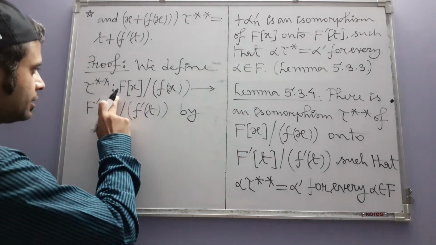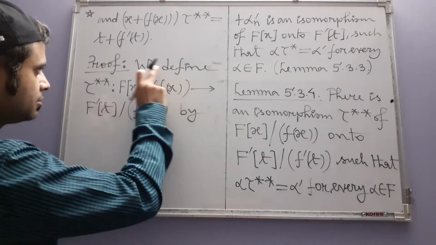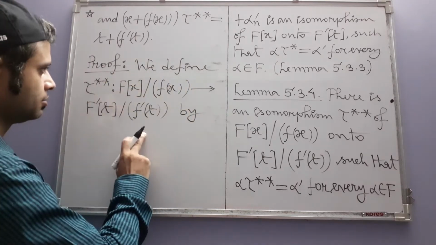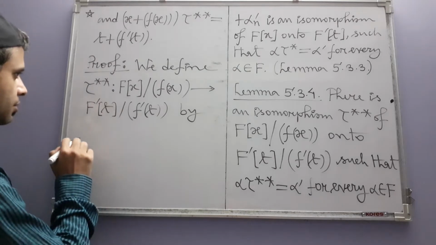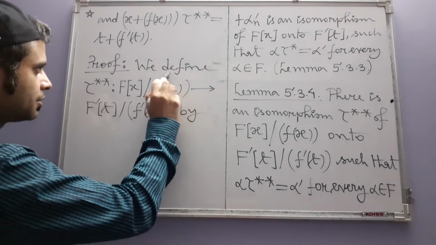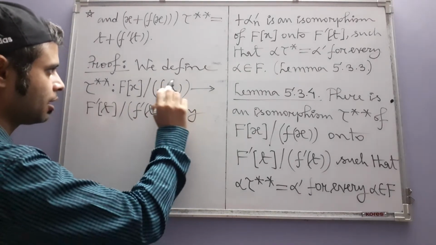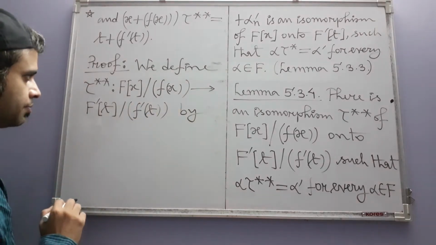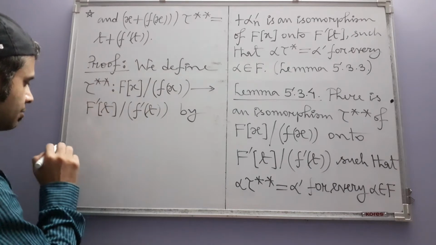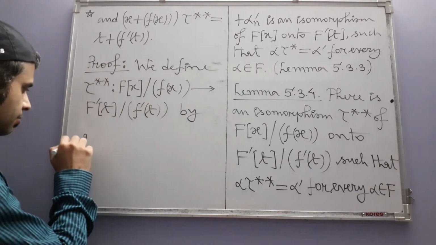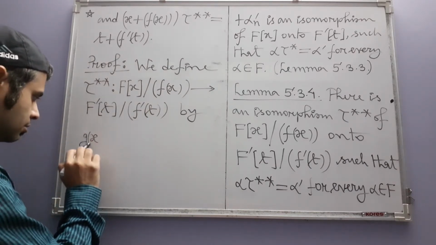So what is a general element in this quotient ring? Of course it is what we know quotient rings have. They are cosets of the ideal, the principal ideal generated by f(x). Cosets by what? By elements in this polynomial ring. So that means a general element will look like this.